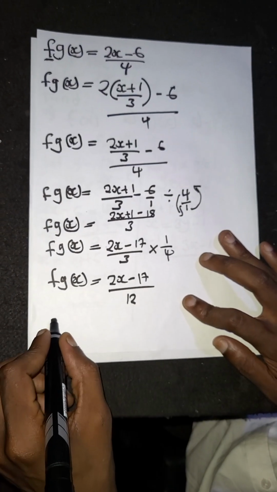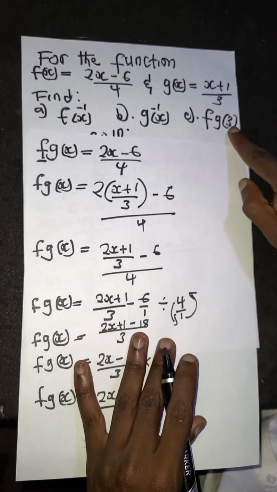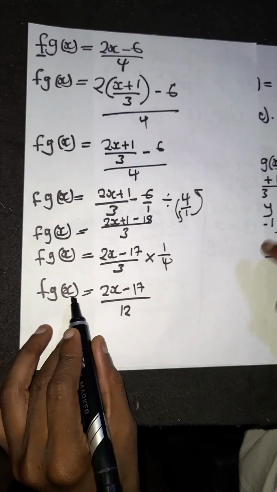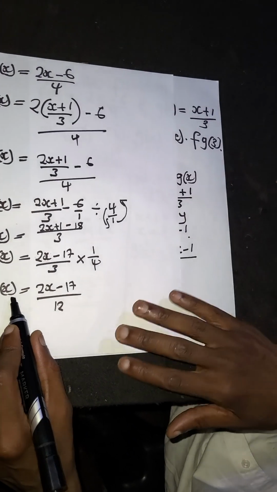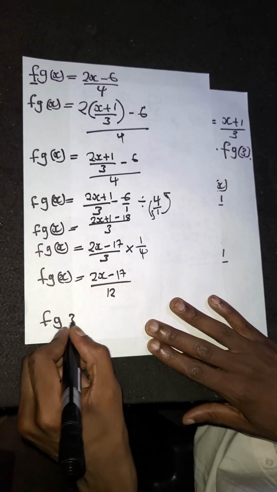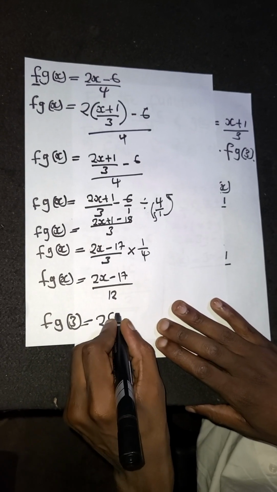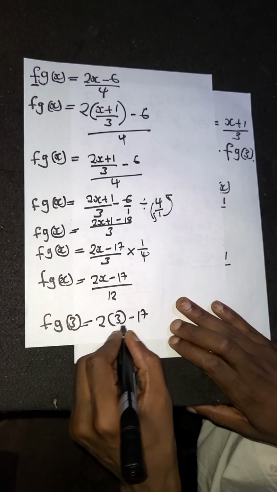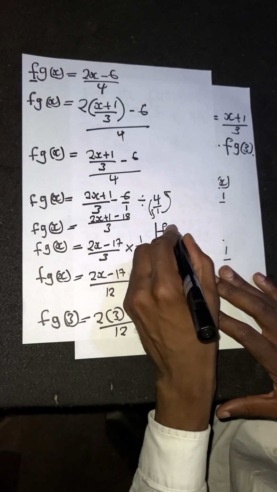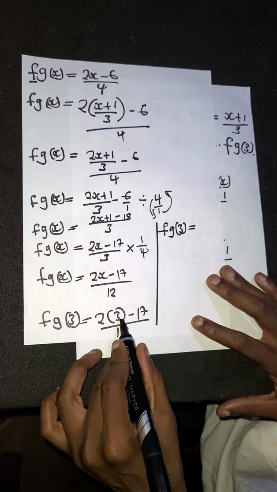And we can finally conclude this because in the original question they're asking us to find fg of 3. So at this level, wherever there is x, I'll replace it with a 3, meaning that we can now say fg of 3 is equal to (2 times 3 minus 17) over 12. 2 times 3 is 6.